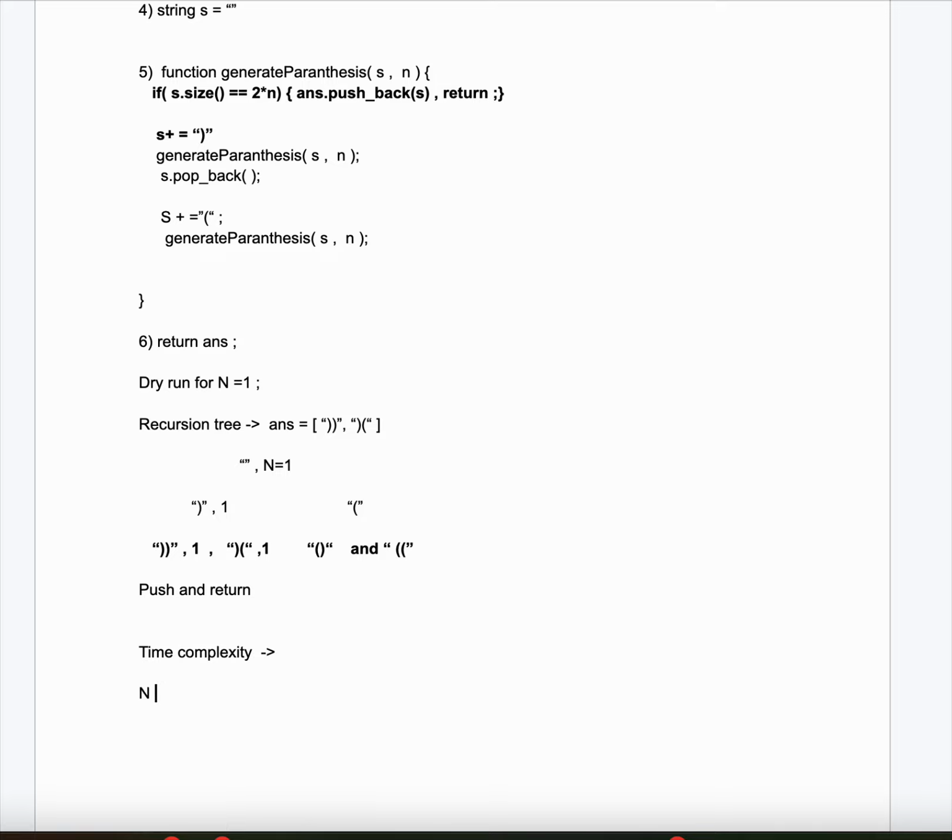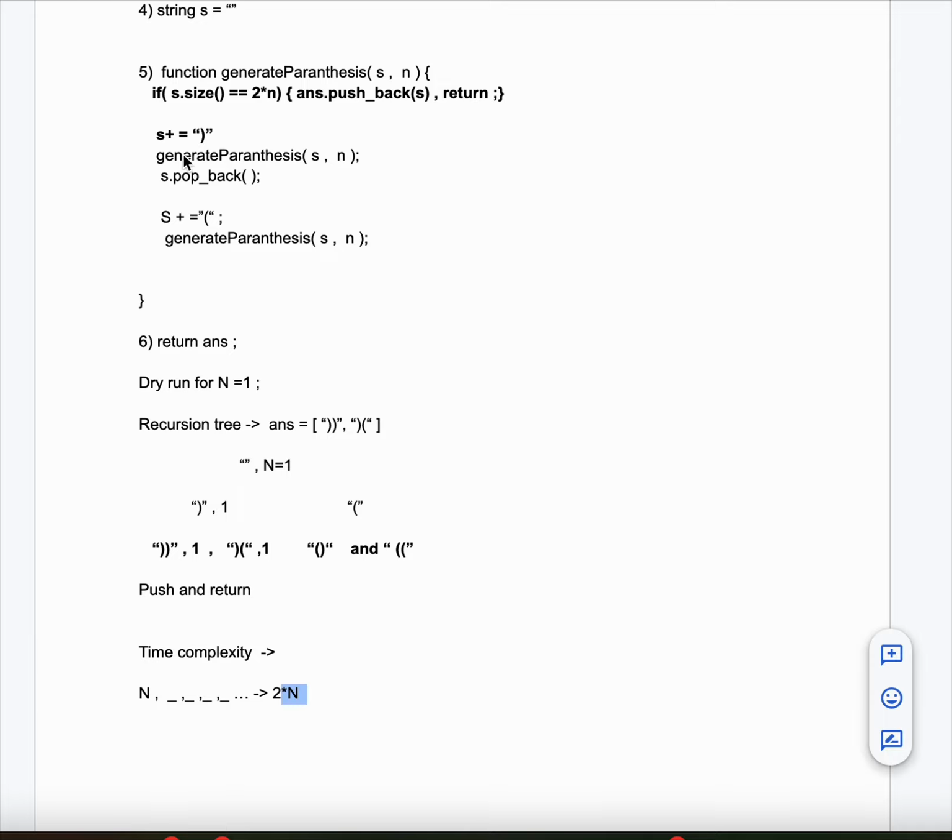If we have n, then we have 2n spots, and for all 2n spots we have 2 options.